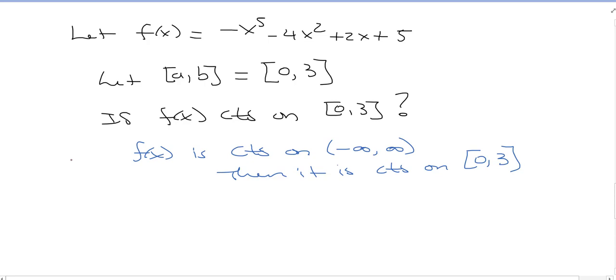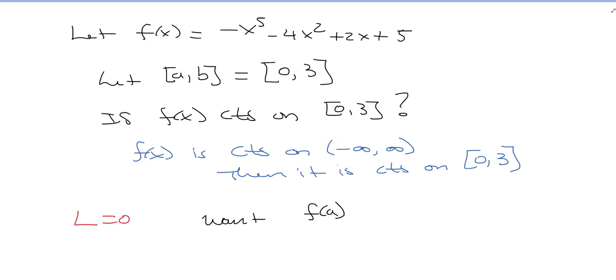So keeping in mind that L is 0, let's make the relationship. We want L to be between f of a and f of b.